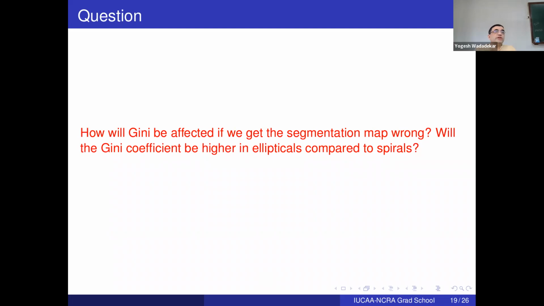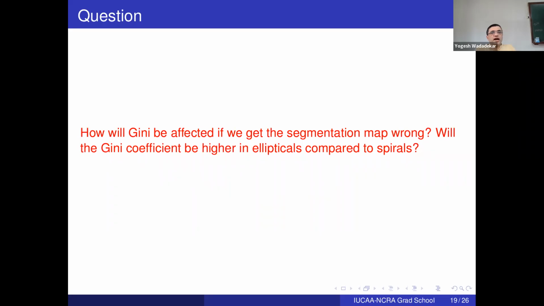It'll change because you'll exclude the most unequal pixels, right? So it will increase the equality apparently because you've thrown out the most unequal pixels. So getting the segmentation map wrong will change things, either increase or decrease the Gini coefficient, depending on whether you include or exclude bright or faint pixels.